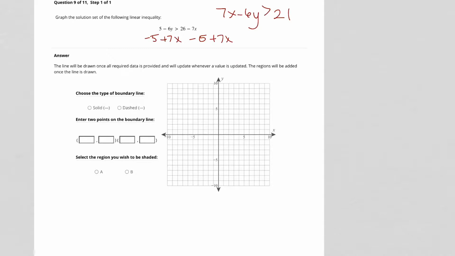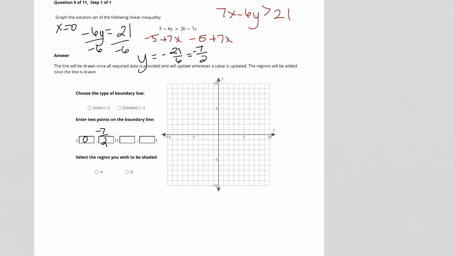And when x is equal to 0, I have negative 6y equals 21. Divide both sides by negative 6. Y equals negative 21 over 6, which reduces to negative 7 over 2. So 0, negative 7 over 2.